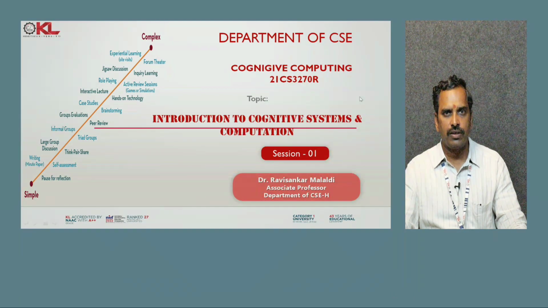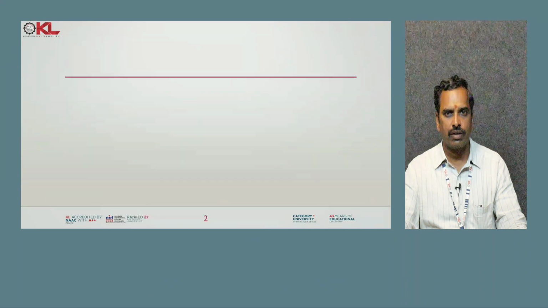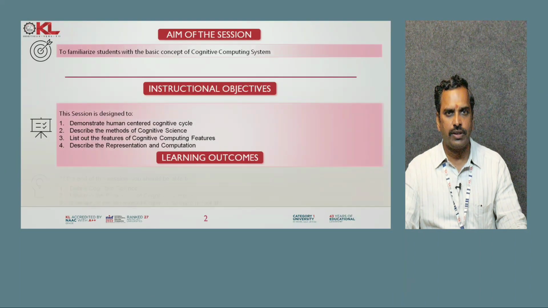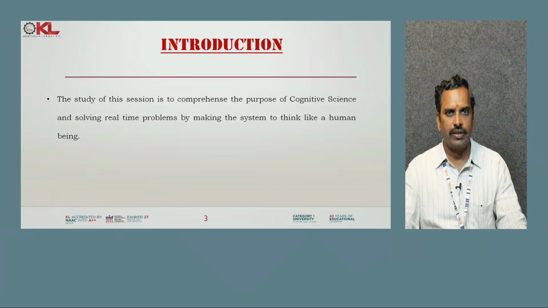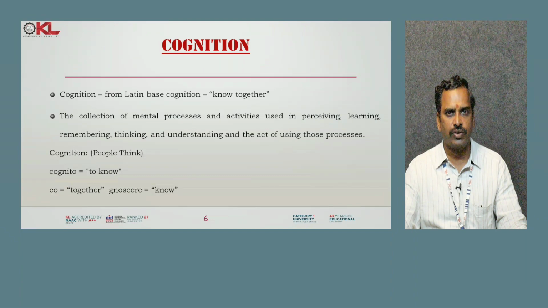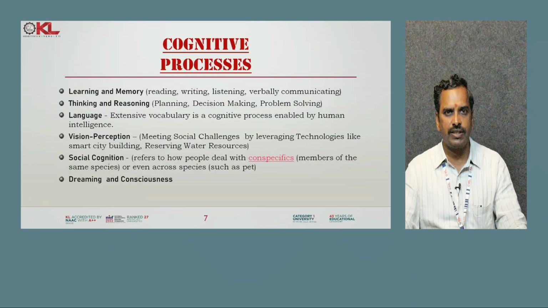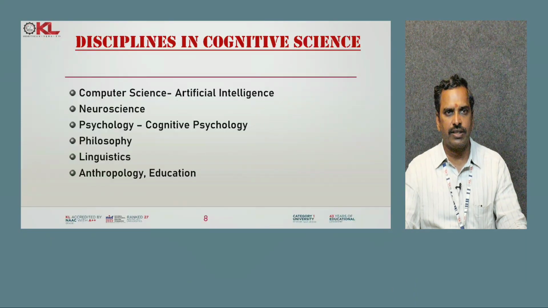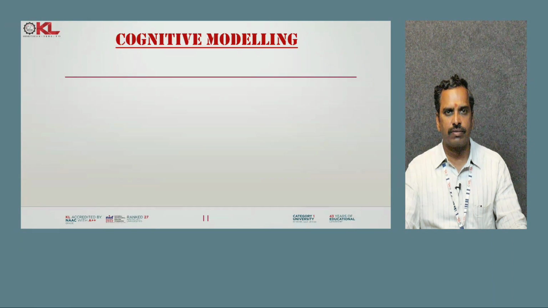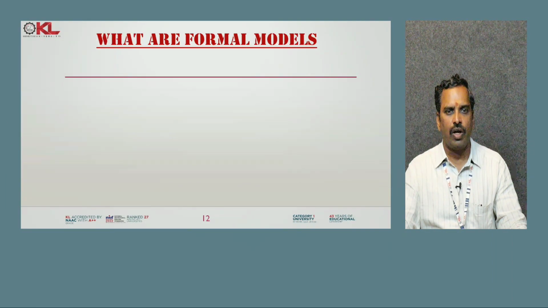We discussed in the previous session the cognitive system definition and the history of that, and also cognitive science, what cognition means, and different processes, what the disciplines of cognitive science are. Now in this session I want to discuss what the formal models are.